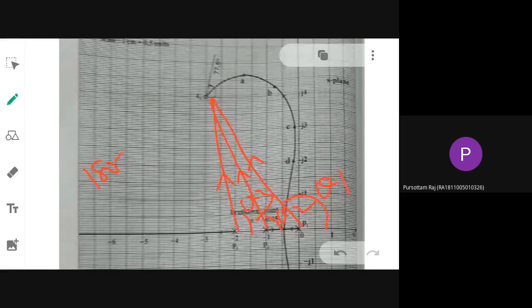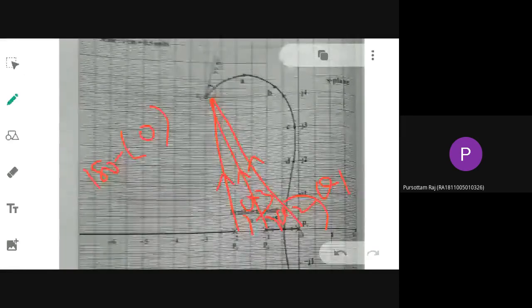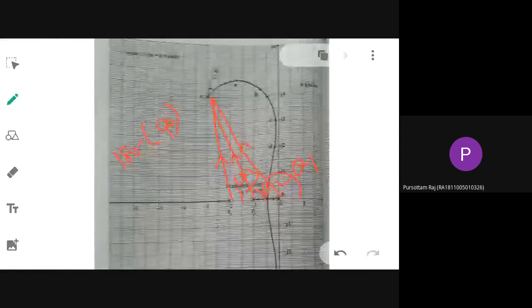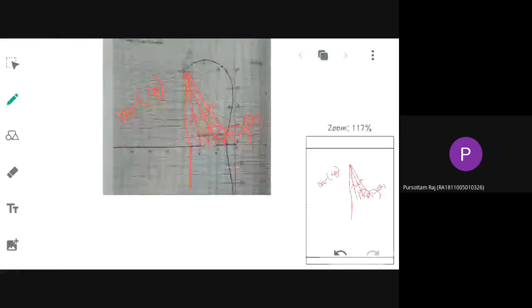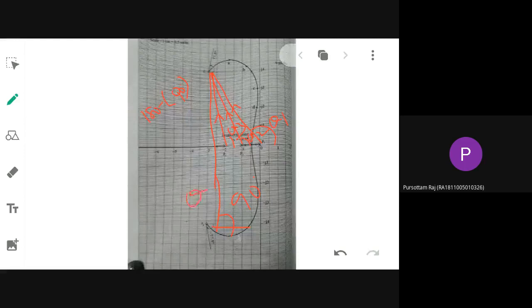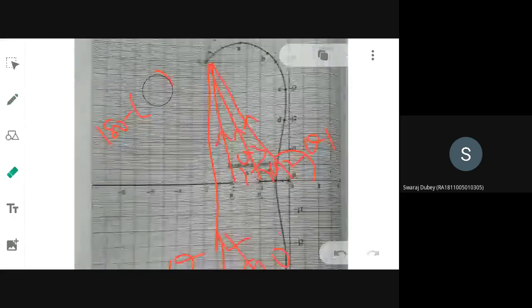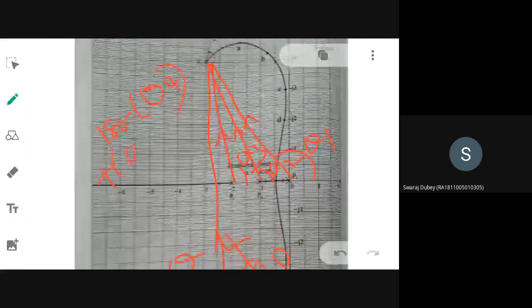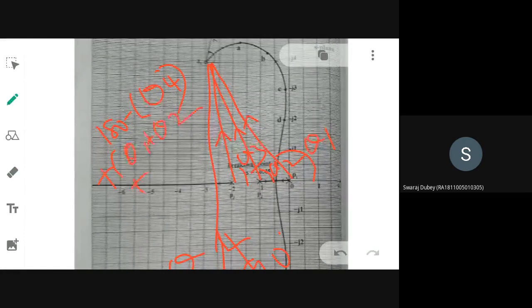Sorry, one more zero is there, on the opposite side. This angle is 90 degrees. Let it be theta 4, which is 90 degrees. So here you will have theta 4 plus theta 1 plus theta 2 plus theta 3.